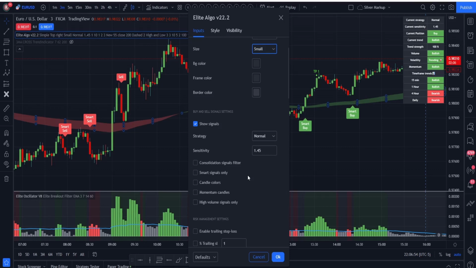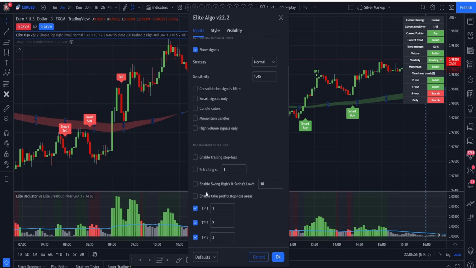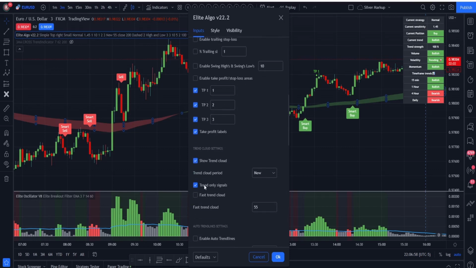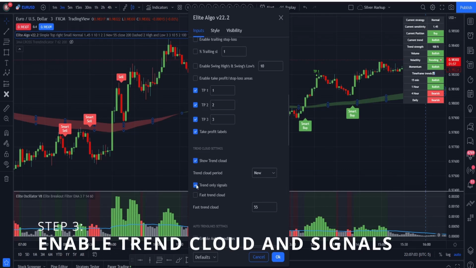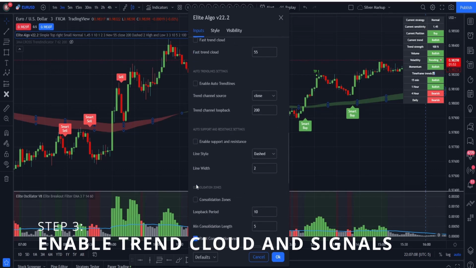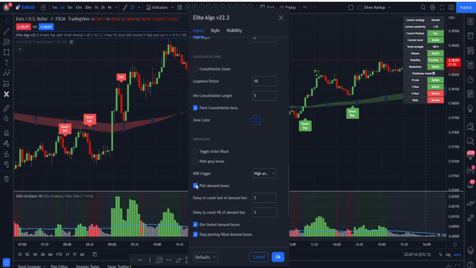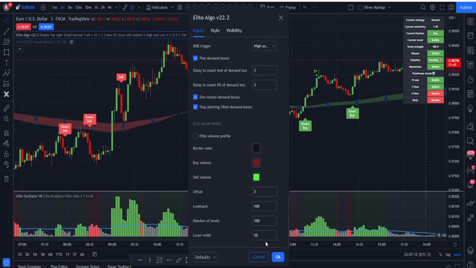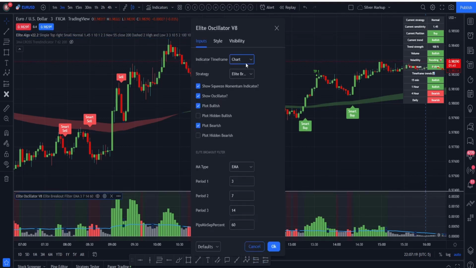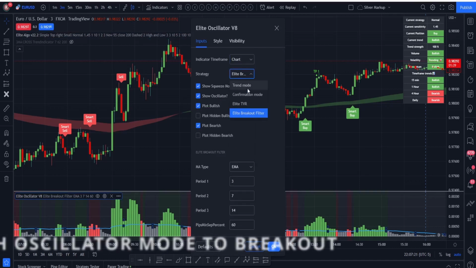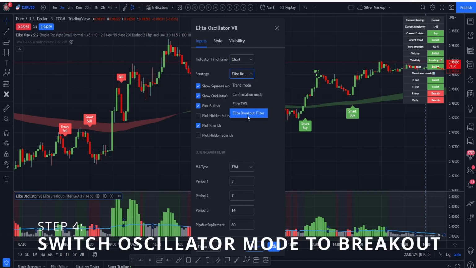The other thing that you can do is go into the Elite Algo, make sure your trend cloud is on, and then make sure your trend only signals is on. And then the only other thing you're going to do is go into the Elite Algo Oscillator, and from there, make sure that you have it on Elite Breakout Filter, and just use the default settings after that.